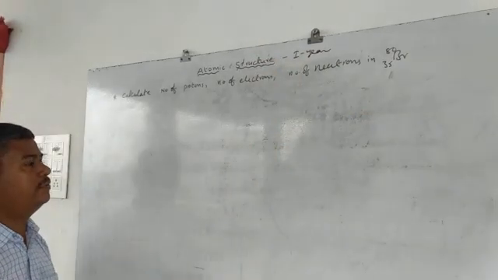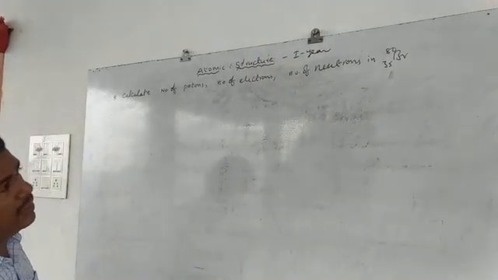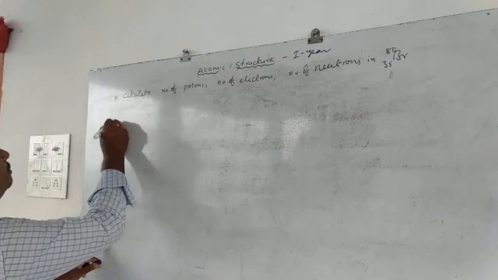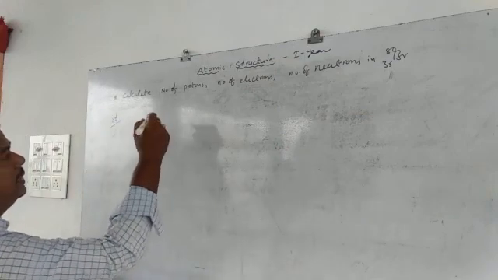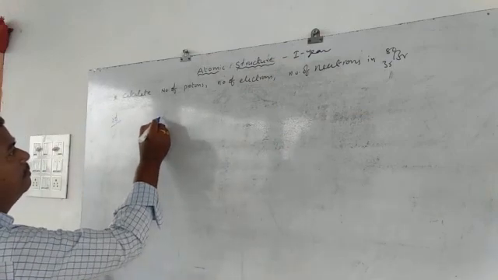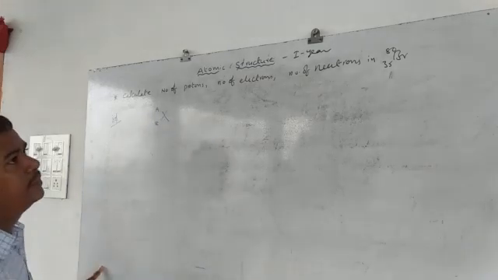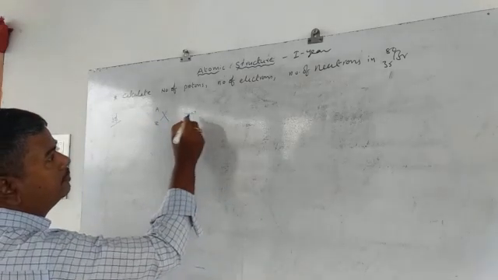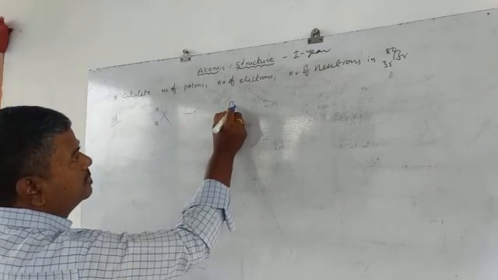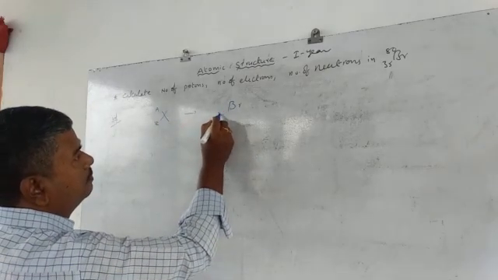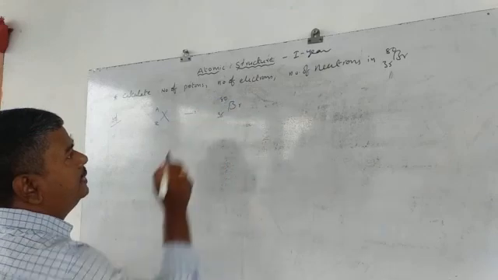So observe what question is given. Solution. Any element can be represented as X with Z and A. Here bromine is represented like this, 35 80.